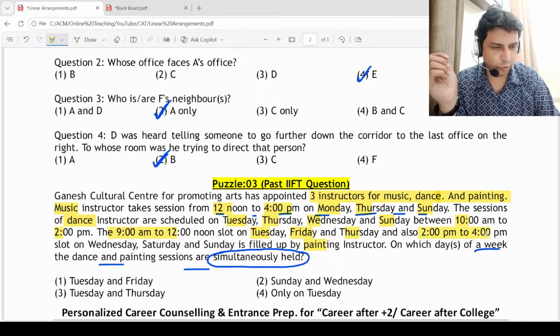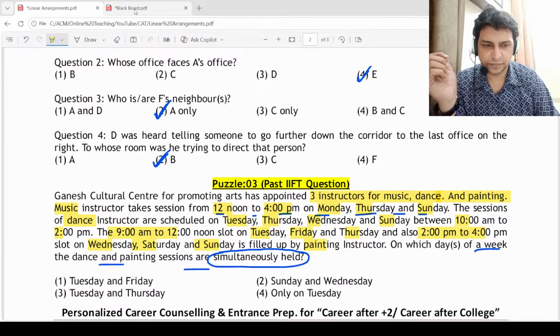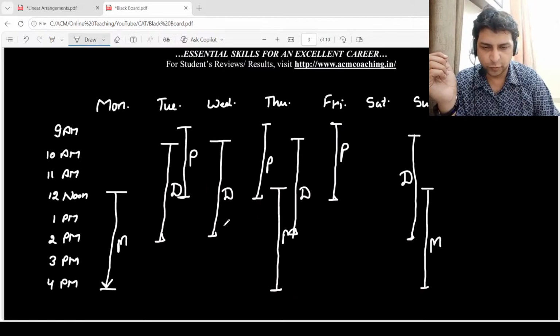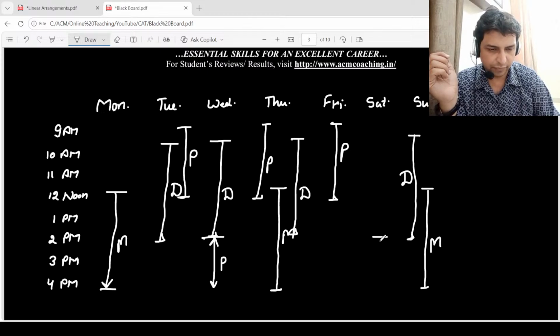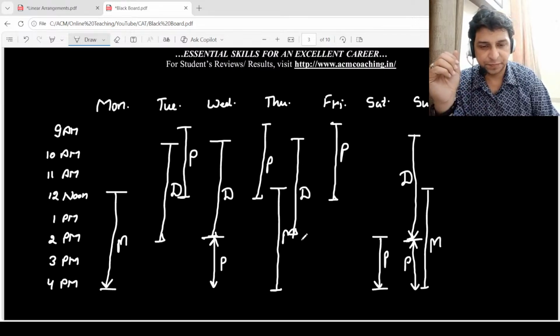And also 2 to 4 on Wednesday, Saturday, and Sunday. So there is a gap here. There's a stop here. So they are not overlapping. Please understand that.